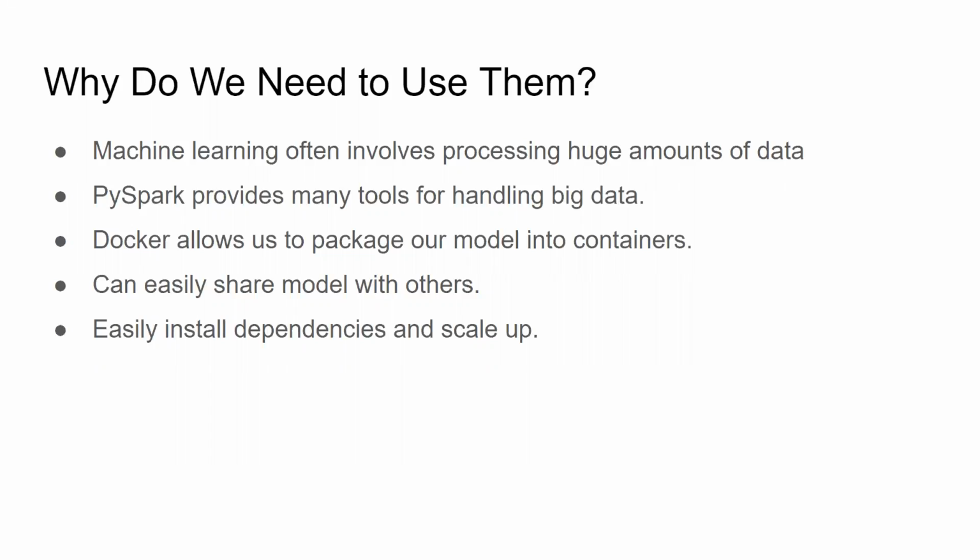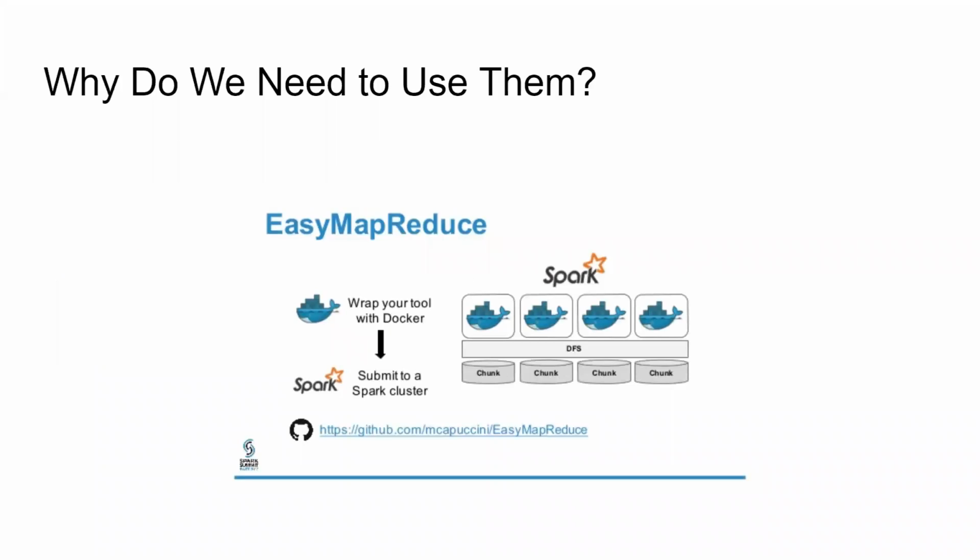So we can handle lots of different parallelized processes, which can greatly speed up the time it takes to train a model. And like Gaston and Gaurav mentioned, it's easy to install the necessary dependencies and scale up your model to larger problems. Let's move on to the next slide.